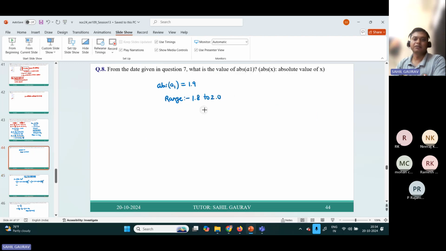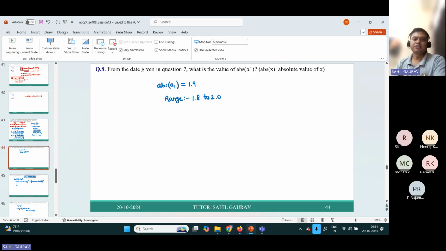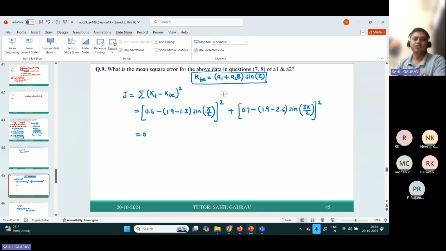So B value is given as 1 at pi by 2, and B value is given as 2 at 3 pi by 2. So we substitute these values at both the ranges. At pi by 2 and 3 pi by 2, you will get this mean square error as 0.